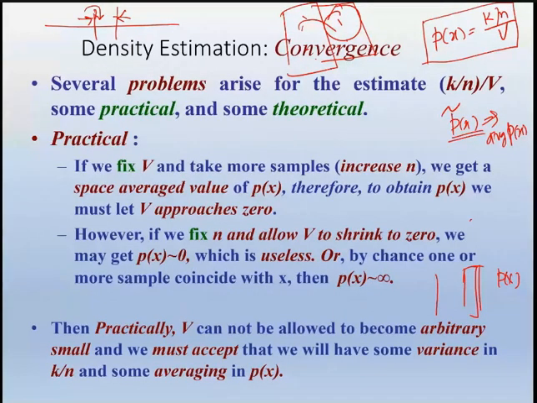So keeping the value of this window size is very critical, and that will hamper the calculations. This is the key point that one should note while using these density estimation methods. So practically the volume cannot be allowed to become arbitrarily small, and we must accept that whatever we obtain has some variance in it, and there is some sort of averaging effect.